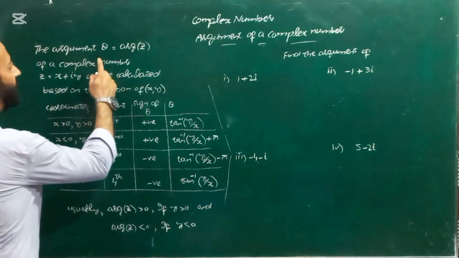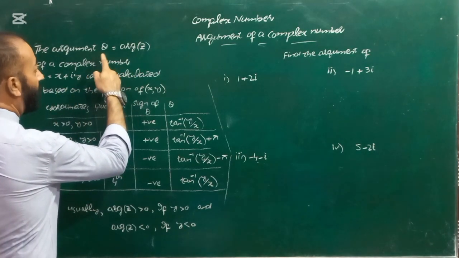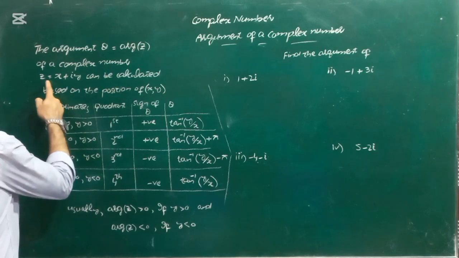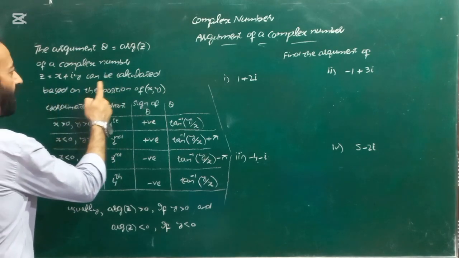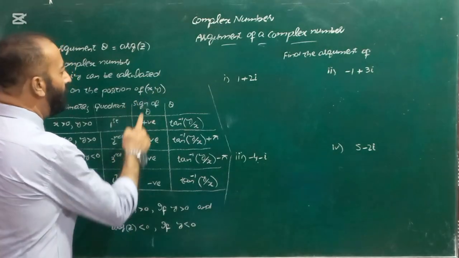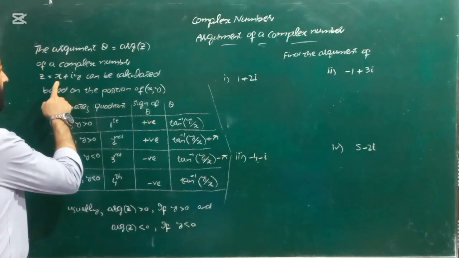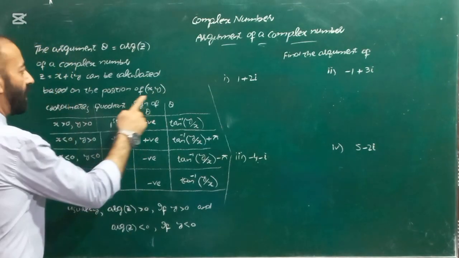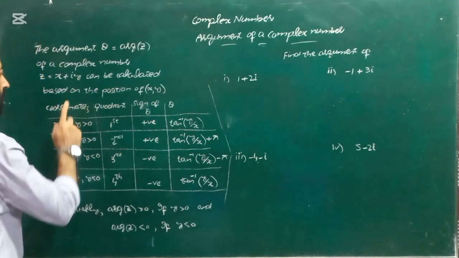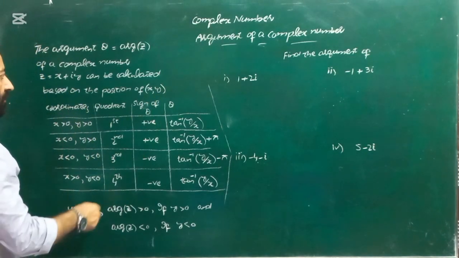The argument of z, theta, for a complex number z equal to x plus iota y, can be calculated based on the position of (x, y), where x is the real part of the complex number and y is the imaginary part. So concentrate yourself.